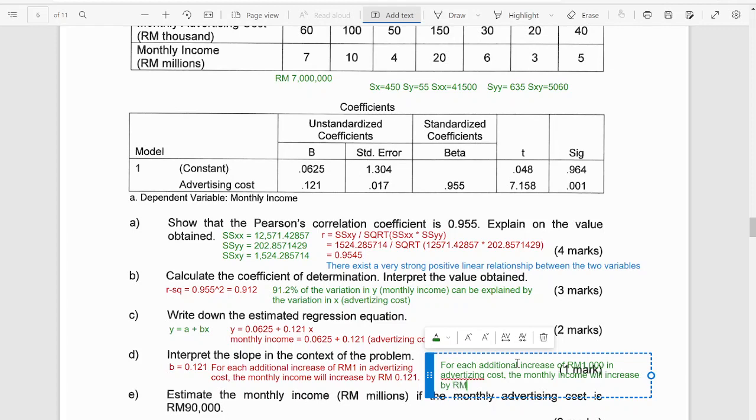So RM million, 0.121 ubah kepada RM million, nak gerakkan dia 6 titik perpuluhan ke belakang. So that means 1, 2, 3 dan tambah lagi 3 kosong kat belakang. So you akan dapat RM121,000. Okay, so this is what you have, right?